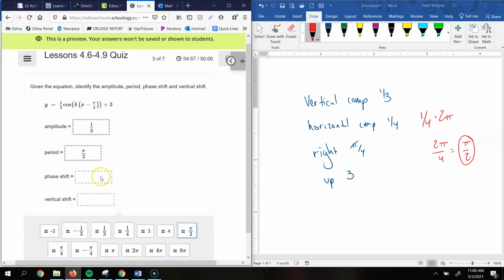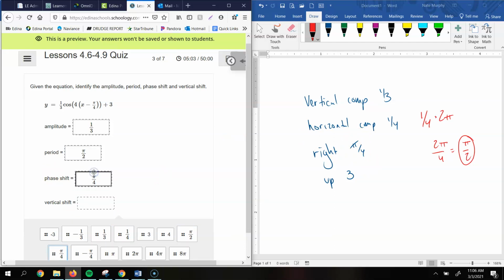All right, so my phase shift means that it's going to go to the right pi over 4 radians. So my pi over 4 would be my phase shift. My vertical shift, it's going up 3 units, and so we would just say our vertical shift would be a positive 3. So that's how you would answer that one.